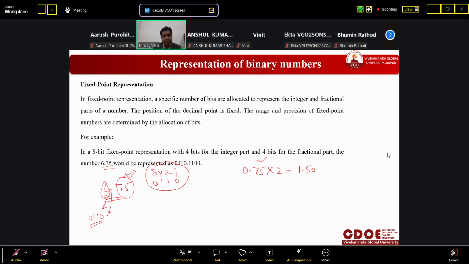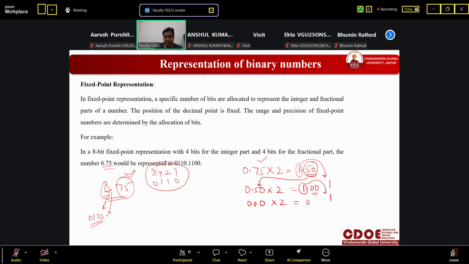The 1 will be written here, and this 0.50 will be multiplied by 2 again. What will be the answer? 1.00. Again, the 0.00 will be multiplied by 2, and this 1 will be written like this.